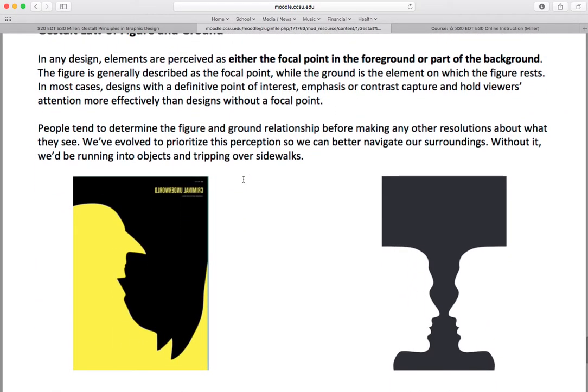And then figure and ground is another one that when you have images on a page, some of them will be viewed as background and some of them will be viewed as foreground. And if you're not careful, sometimes background to some viewers will become the foreground, and then they will be paying attention to the wrong information.